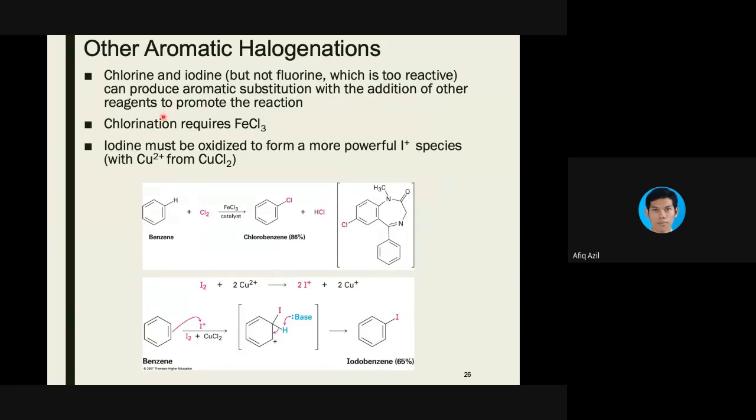For bromination, you add iron bromide, FeBr3. But for chlorination, you add iron chloride, FeCl3. The function of this iron chloride is the same.